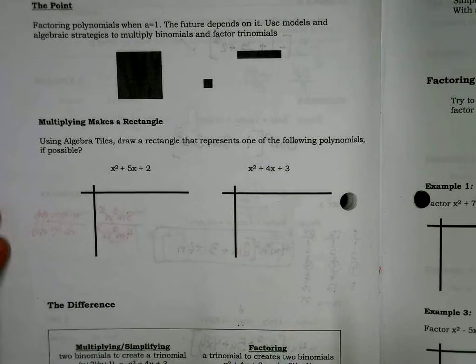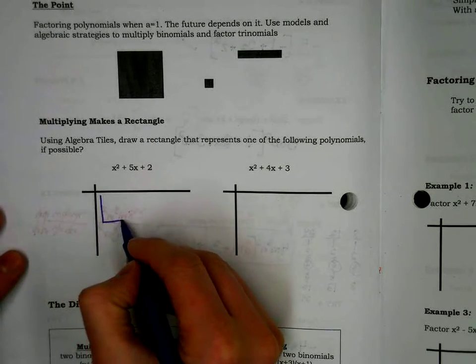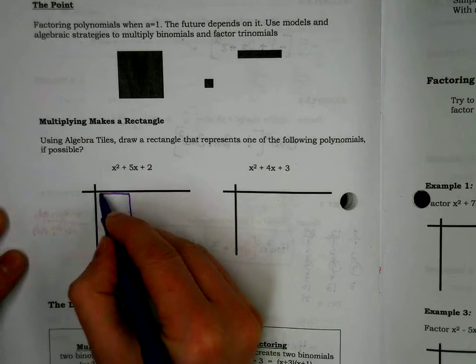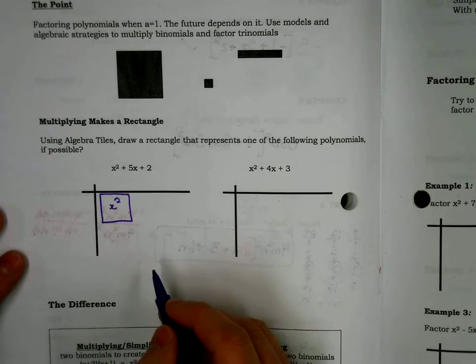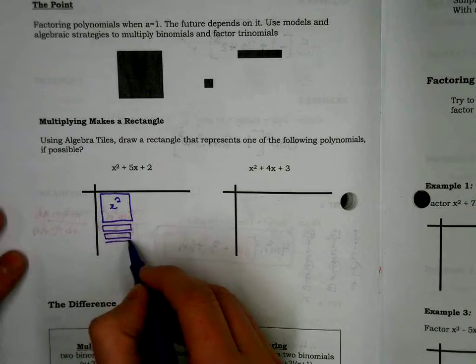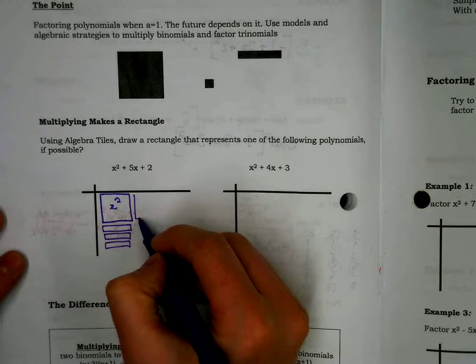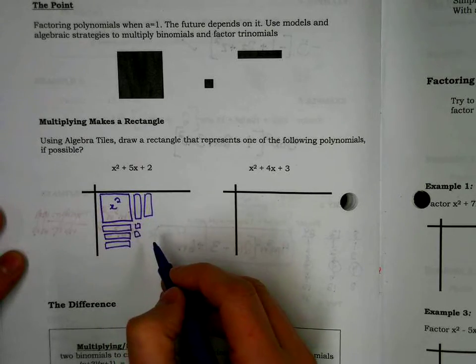Now you might start by drawing, or you might grab your algebra tiles, and I'll start by drawing. What if you took an x squared and 5 x's? You could put one here, one here, one here. That's 3, 4, 5, and that means you'd have a whole bunch of singles, but there's only 2.